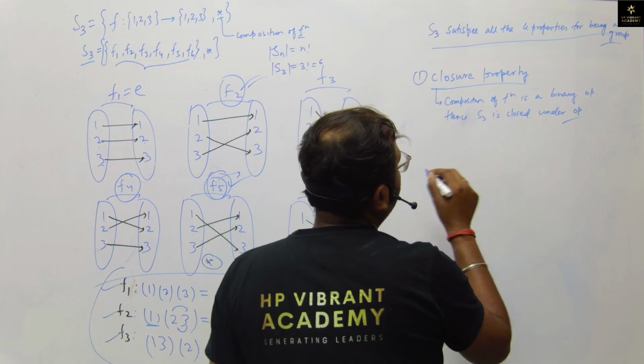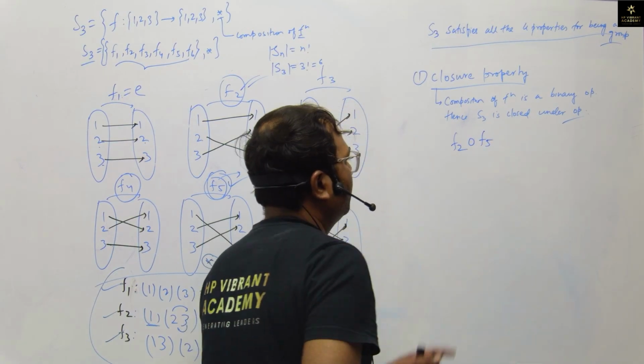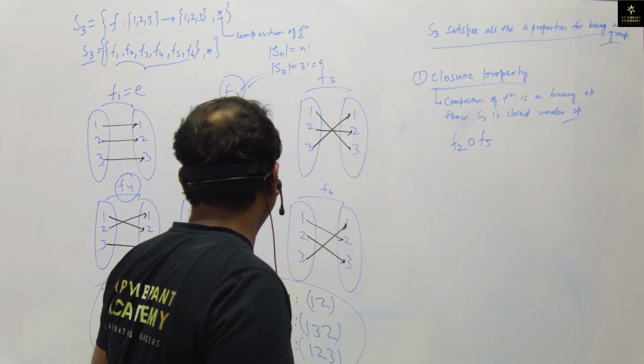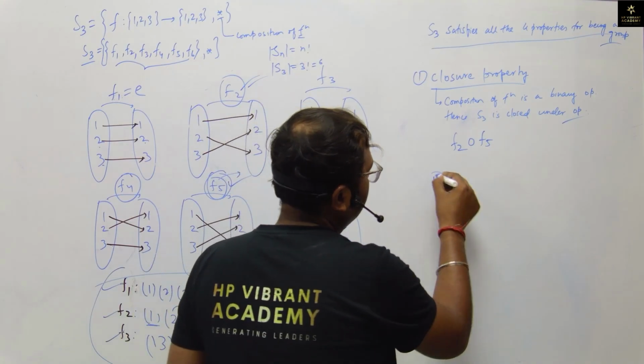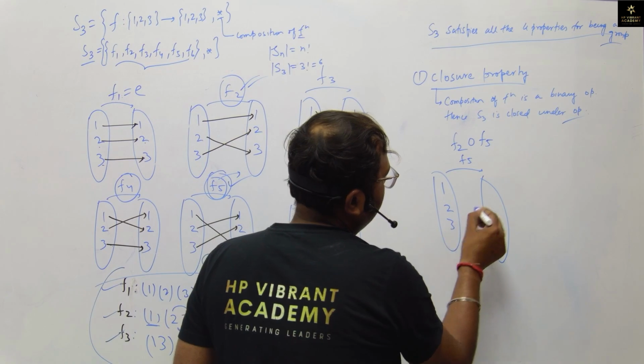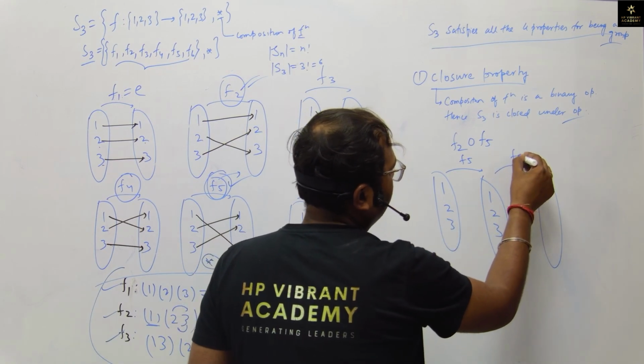Okay, so let us calculate the mapping F2 o F5. On F5 we have to apply F2. So let us write down the mapping F5. This is F5, with 1, 2 and 3 on both sides. On F5 we apply F2.